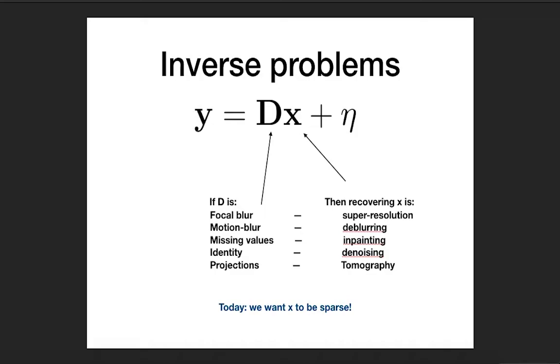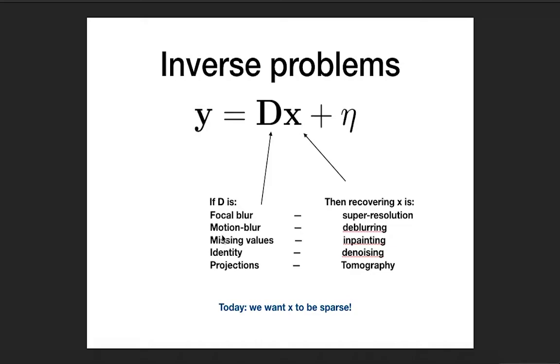So yeah, to bring us on the same page, we're majorly interested in these kinds of problems where y is our measurements that we get, and we want to recover x, which is the latent signal. We assume that most of the deformations in image processing, like focal blur or motion blur or missing values, and projections in CT, like we discussed in the third tutorial, are what we get in Y after going through all these deformations.